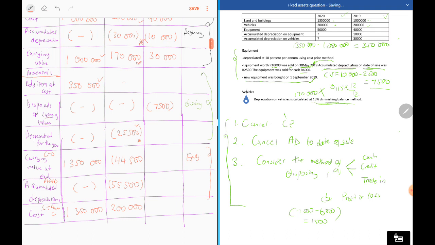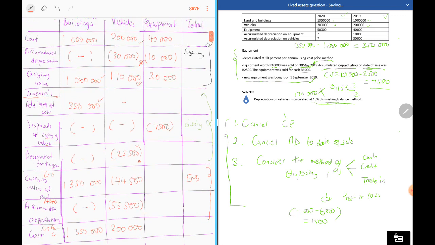So the most important thing to look at, we need to calculate the cost price of the equipment that we bought. It's easy because we have cost price at the beginning and cost price at the end, right? So what we have to do is solve for X. You say we had 40,000 cost price at the beginning, right? We sold equipment worth 10,000.